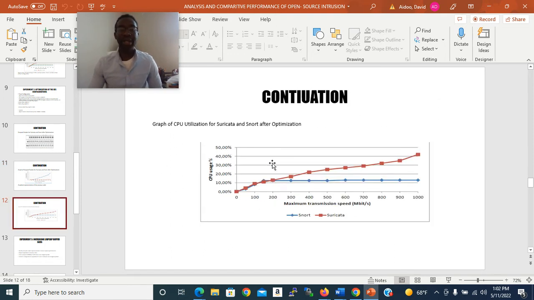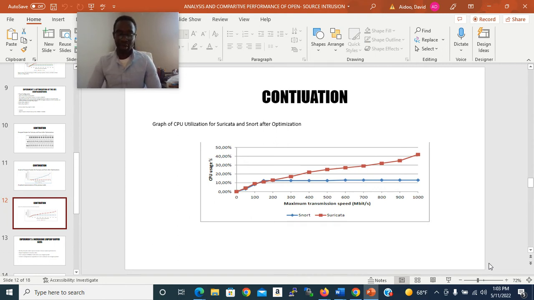So the next slide is the CPU utilization for Suricata and Snort after optimization. Snort CPU usage remained constant, and the reason it remained constant is because I used just one processor. For Suricata, it showed 30% lower CPU usage after optimization.